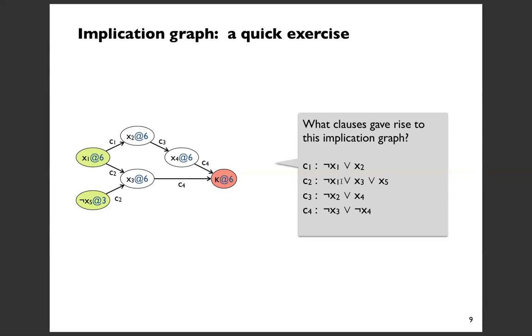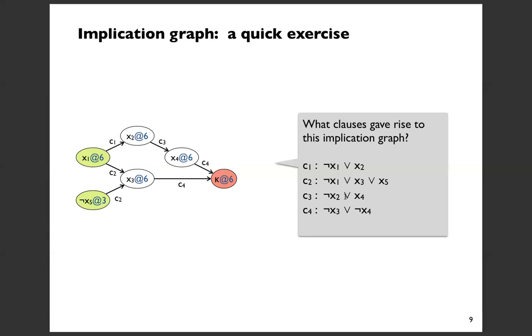You will also notice one other thing. For every internal node other than the source, the literal, for example literal X4 here, appears in opposing polarity in C3 and C4.